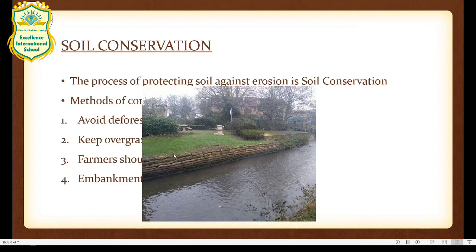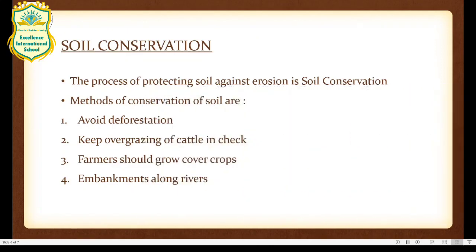This is called an embankment, because of which the water is not going away from the area designated for the river. So the water is not going in this region, it's just staying here. If it would have gone here, it would have taken the soil present here with itself too. So we have to avoid that, right? And that's why embankments are very important on river banks.